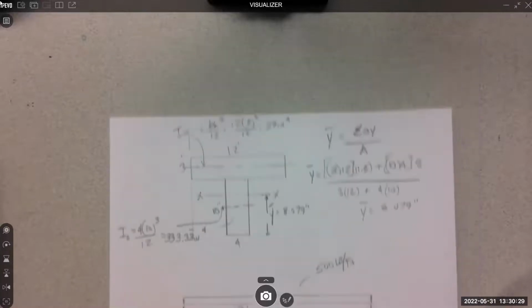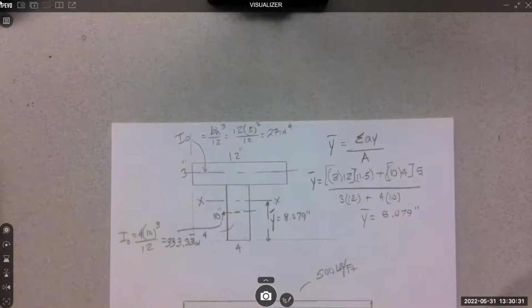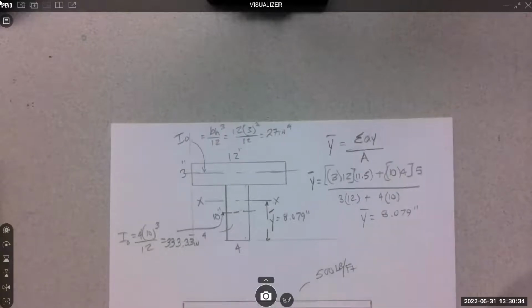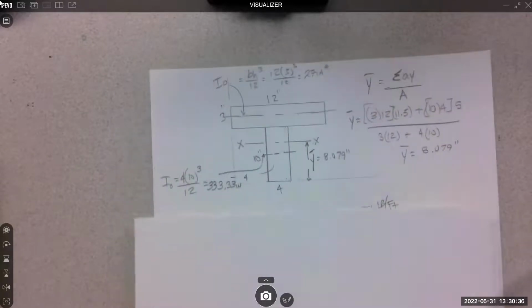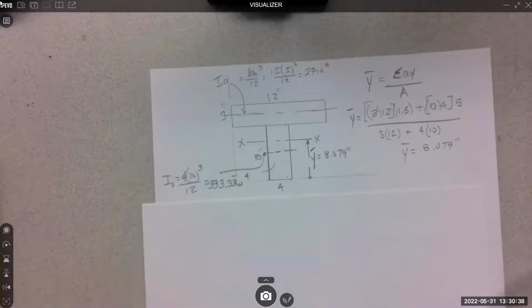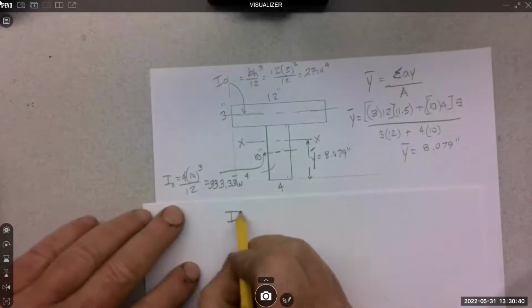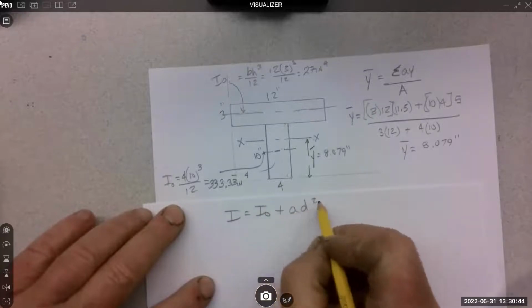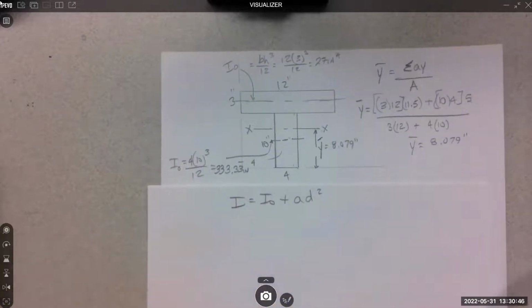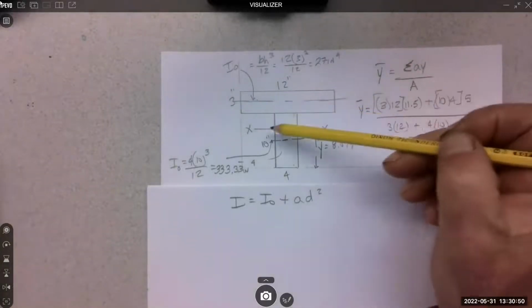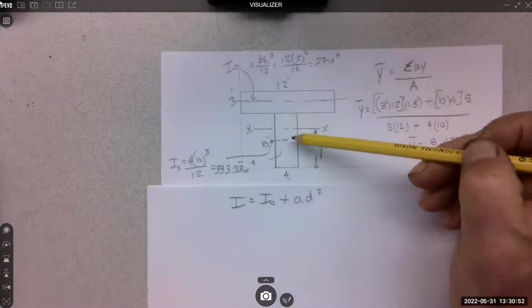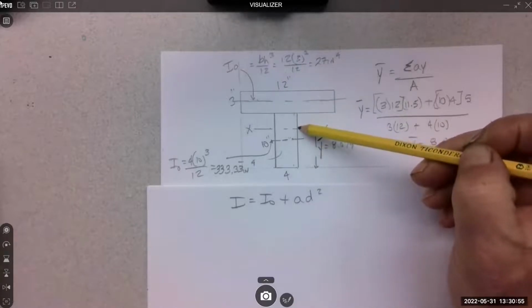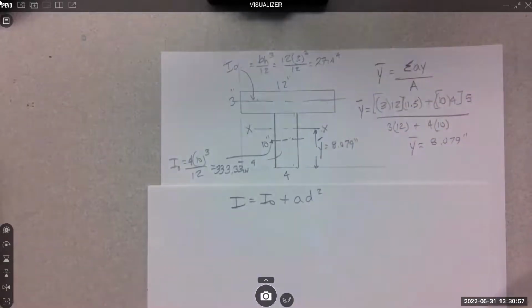So the transfer formula was I sub O plus AD squared. That's how we get this inertia to here and this inertia to here. Once they're at the same location, we can add them together. That's the rule.